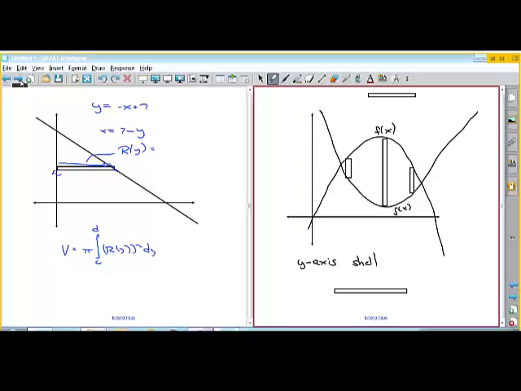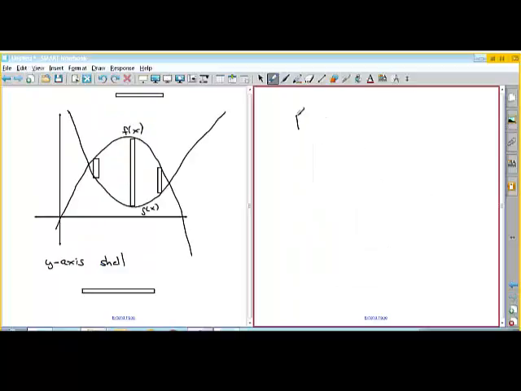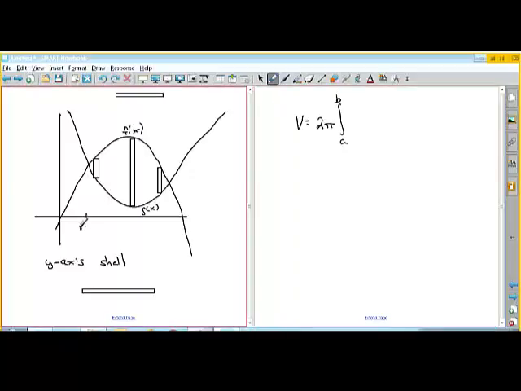And because we're integrating with respect to x, and we're integrating around the y-axis, the volume would be equal to 2 pi the integral from a to b, where this would be x equals a, and this would be x equals b.